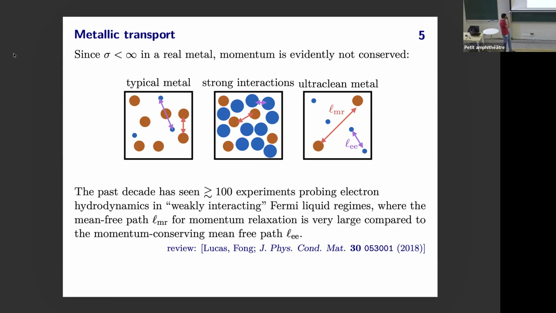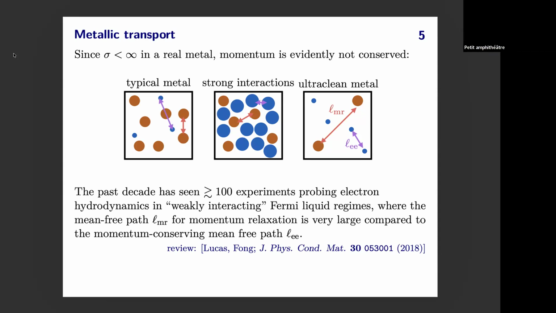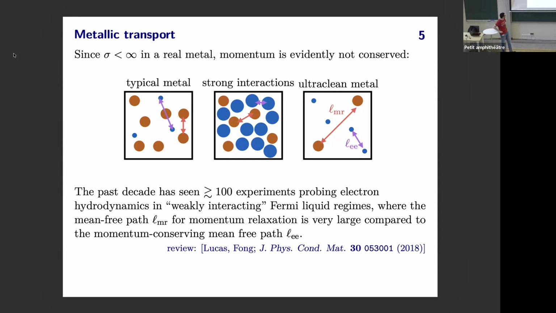And in this regime, you might hope to see viscous electron hydrodynamics arise on some range of length scales. And I would say by now there are hundreds of experiments that have at least seen kind of the signatures or the onset of this viscous regime in many materials. Most of them are based on graphene, but there is sort of a smattering of other experiments on lots of different compounds that also have at least some evidence for hydrodynamic behavior.